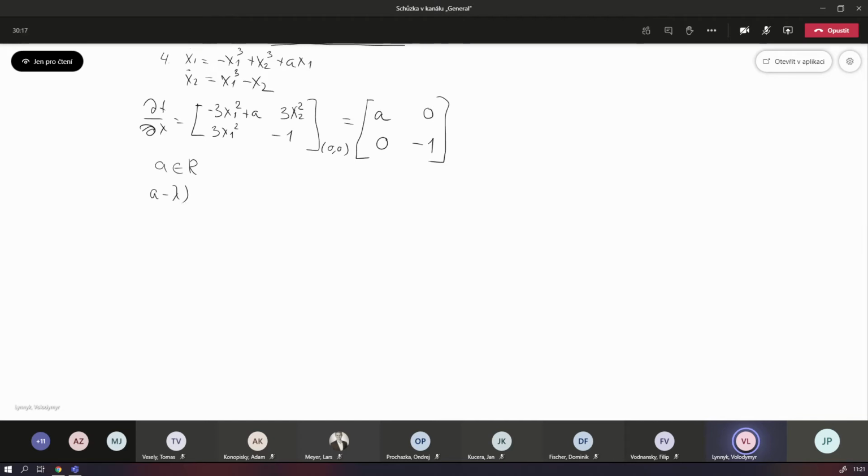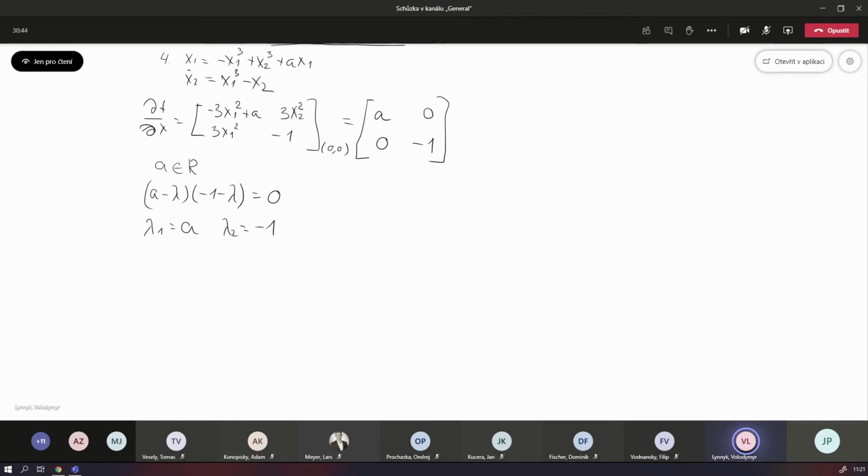a minus lambda, minus 1 minus lambda equal to 0, yeah? And from this step we can say that, okay, now we know that lambda 1 equal to a and lambda 2 equal to -1.